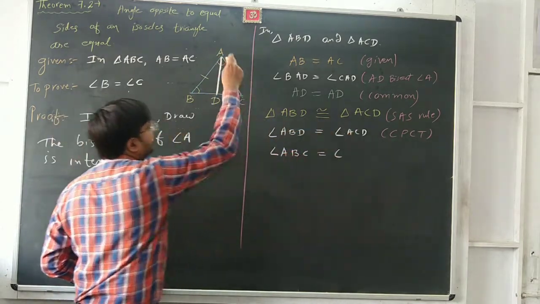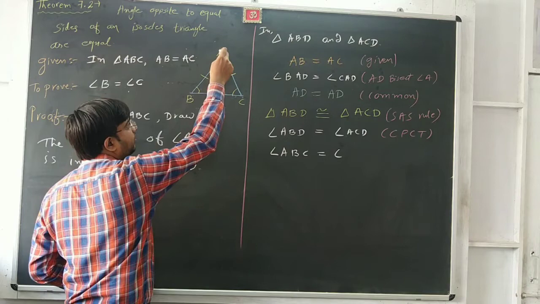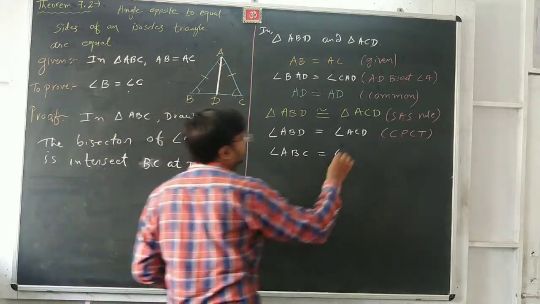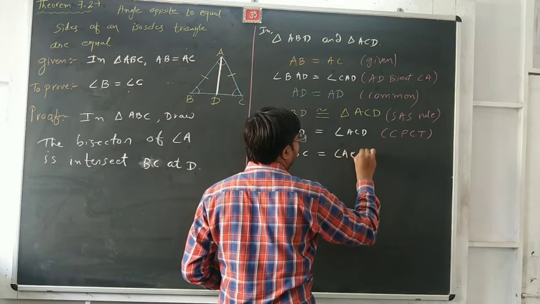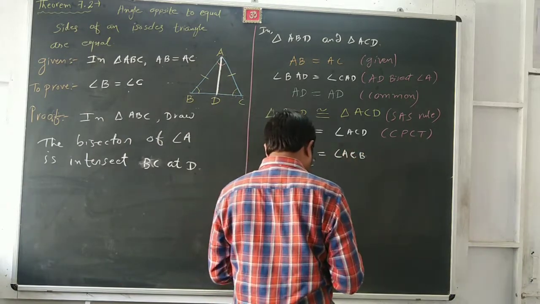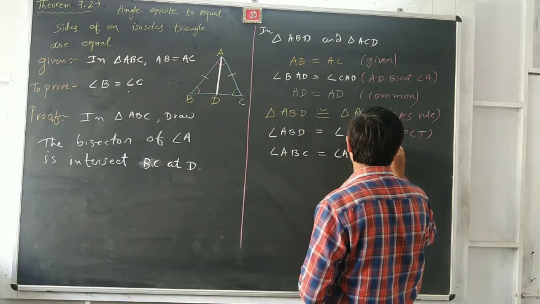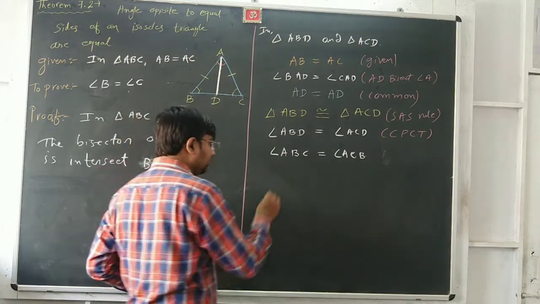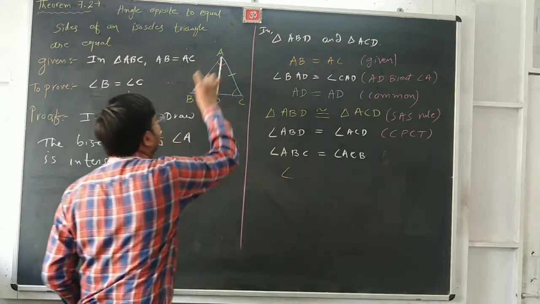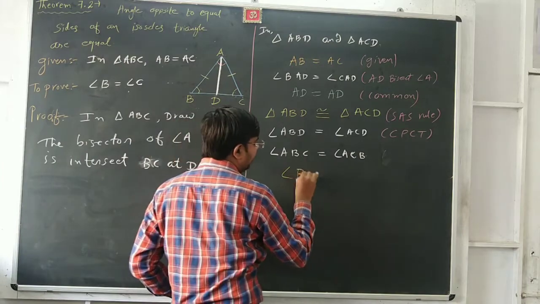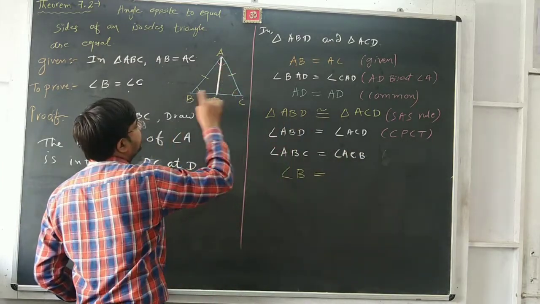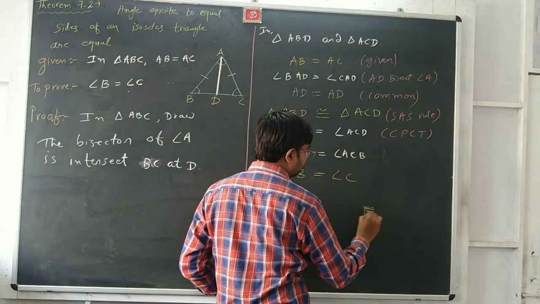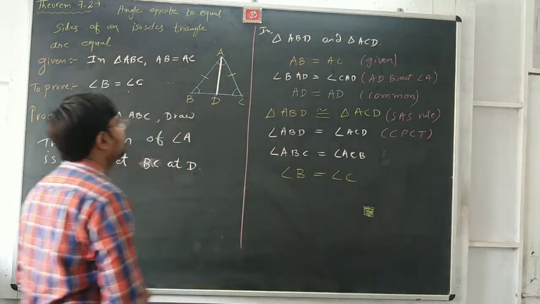We can also write ACB; the angle stays the same. Here ABC means angle B and ACB means angle C. This is our theorem complete.